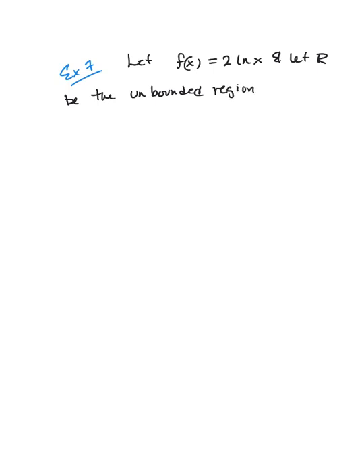Okay, example 7. So let f of x, now this is how difficult these problems can get, equal ln of x, and let R be the unbounded region in the fourth quadrant between the graph of f and the x-axis.